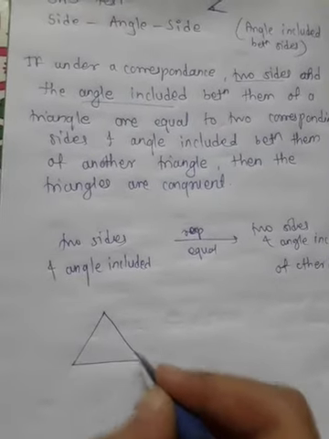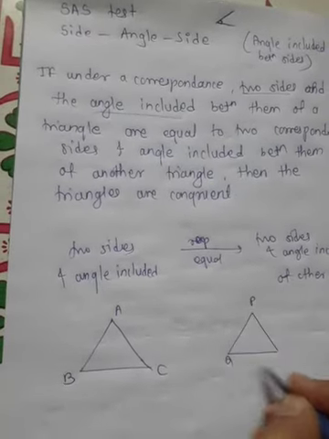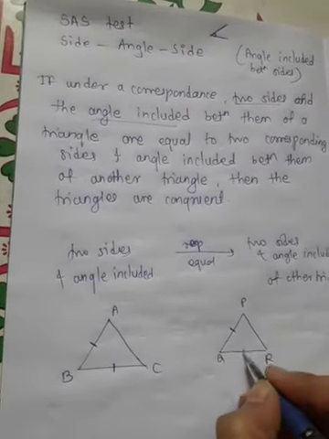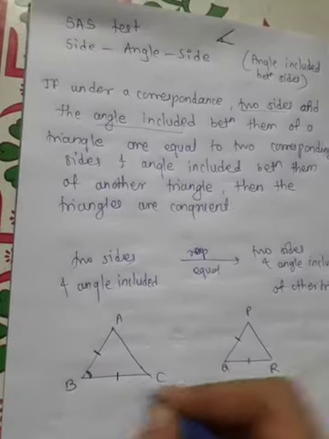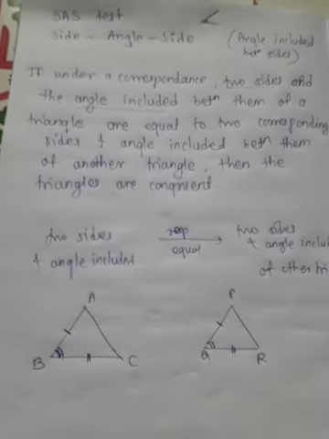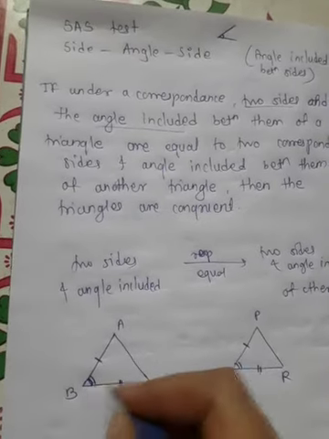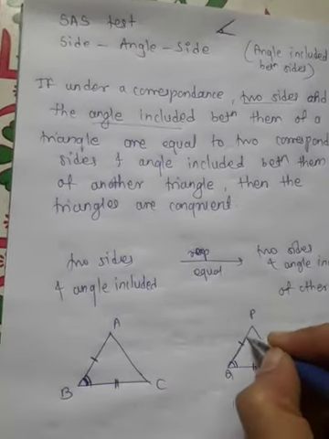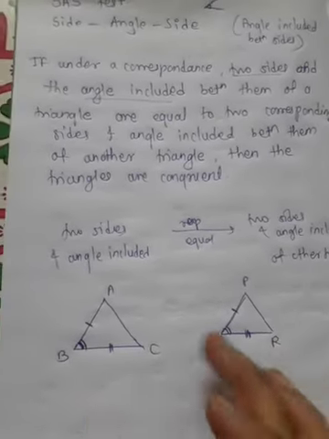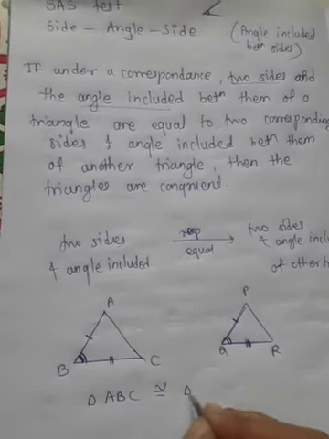Okay, so see, this is what the test says exactly. If you take two triangles, if AB is equal to PQ, BC is equal to QR, and the angle included between them are also equal, that is, these two sides of a triangle and the angle included between them are equal to the other two sides of the other triangle and the angle included between them, then by the SAS test we can say triangle ABC is congruent to triangle PQR.